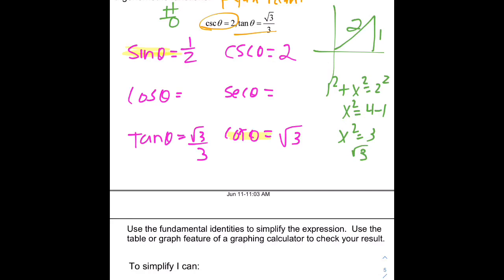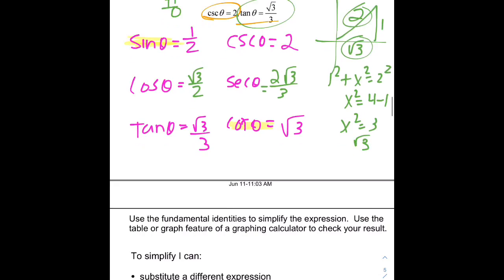So that is root 3. You also could have ascertained that information by the tangent. Then my cosine is going to be adjacent over hypotenuse. So that's root 3 over 2. And its reciprocal, when I rationalize, is going to be 2 root 3 over 3. And there are my 6 trig functions.